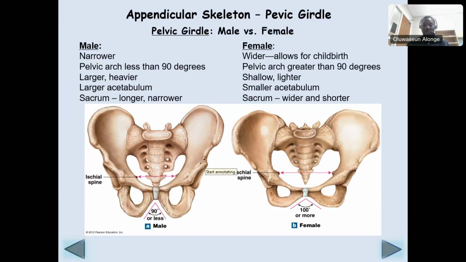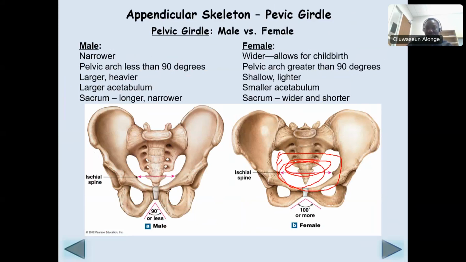Females have wider hips than males, and the reason is simply to allow for childbirth. Babies do not need to come through this in men, but in women the baby's head comes through this.